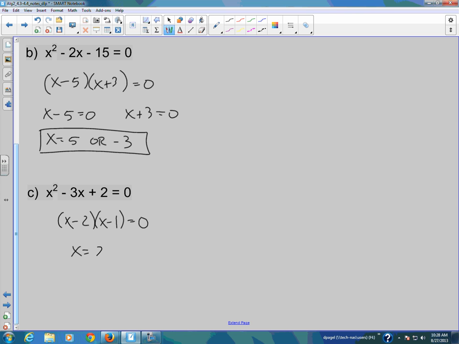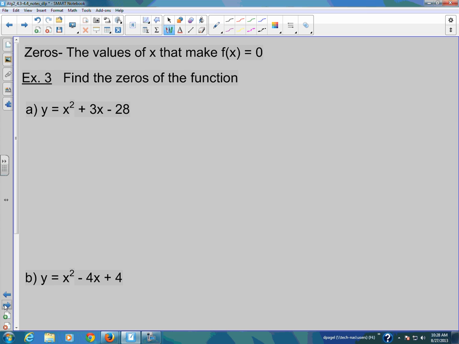Taking a little shortcut. Get 2 or 1. So we just added this equation component to our factoring and then use the zero product property. There's that new term. The zeros are the values of x that make our function equal 0.